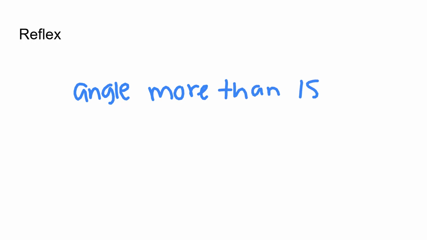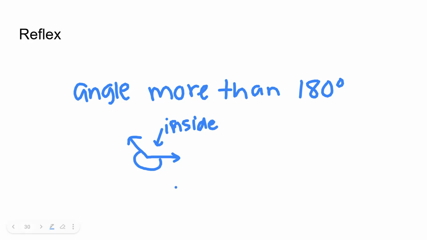Next, we have a reflex angle. This is any angle more than 180 degrees. So if I draw an obtuse angle, it's the angle on the outside. That's my reflex angle. So the inside is less than 180. So the inside is always an acute or obtuse.